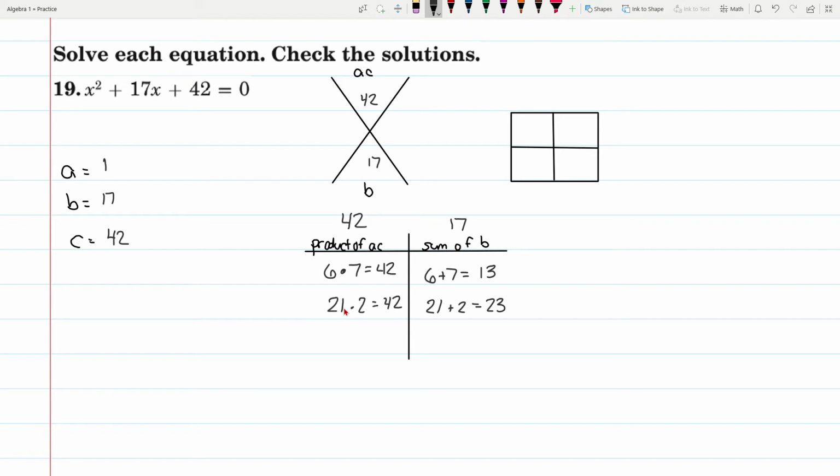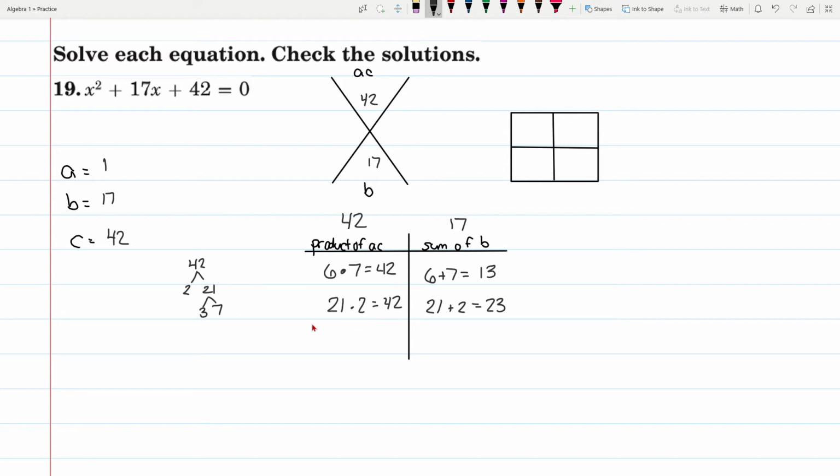And so then we get to something like, let's see, 42 can break into 2 and 21, and 3 and 7.